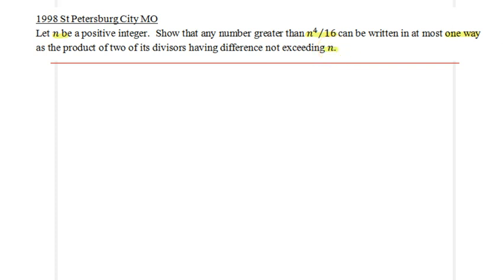So what I will do instead is to write an equivalent statement, and I will go ahead and prove that equivalent statement. So suppose we have integers a, b, c, d ordered in the following fashion with the property that a times b is equal to c times d, which is equal to n.